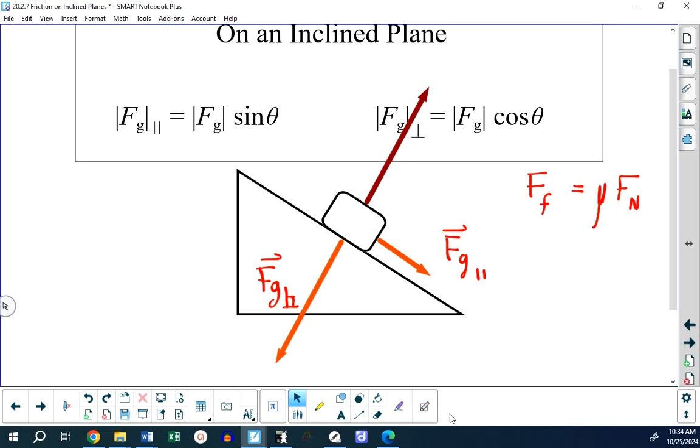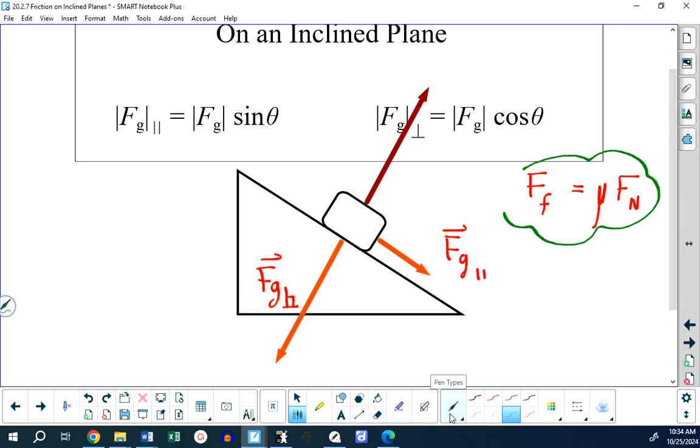So this is where you start with the force of friction. You start right here. And then you say, okay, how can I find the normal force? In this case, it's the force of gravity perpendicular to the ramp, which, if you're really following, is always the case even if the ramp is not a ramp.